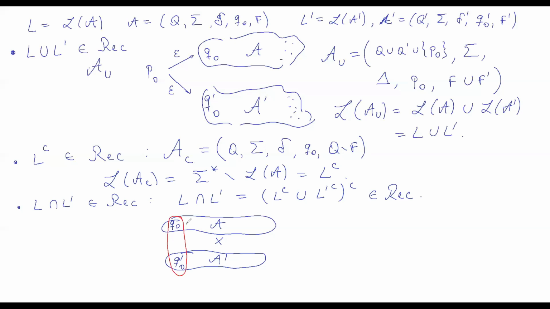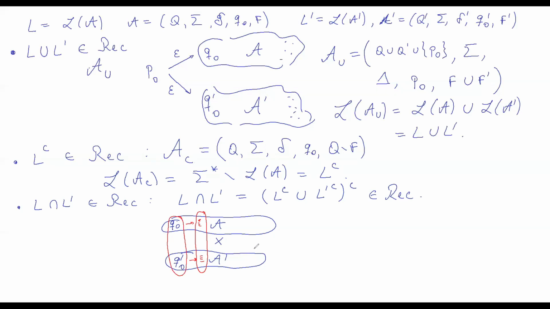And if this one was going to this state, whatever it was in here, and this one was going into this state, then the new automaton is going to go into the pair of these two states. So with this simple trick of thinking about the Cartesian product, what we do essentially is we run in parallel two simultaneous computations on the input word, one on automaton A and the other one on automaton A prime.